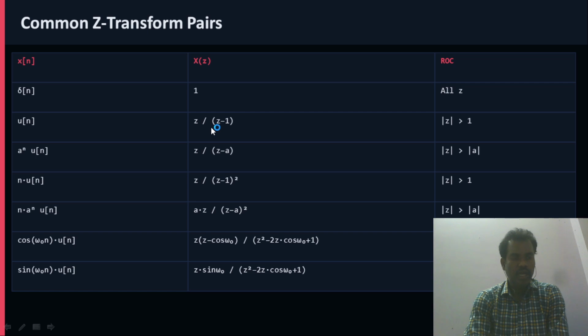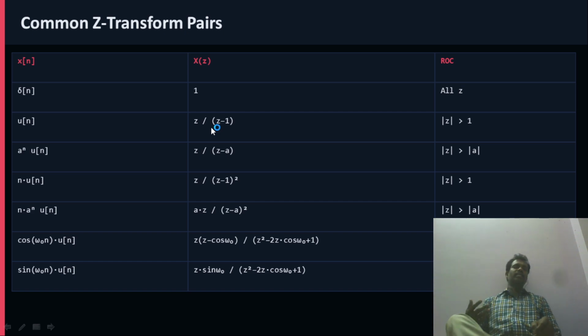Similarly, cos omega n into u of n and sin omega n into u of n we can't directly calculate. We have to represent them using Euler's formula. So cos omega naught n or sin omega naught n are represented with Euler's formula. That is, cos omega naught n can be represented as e power j omega plus e power minus j omega, divided by 2. So the sine part will cancel, and we only get cos omega.